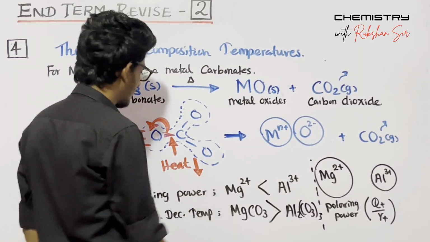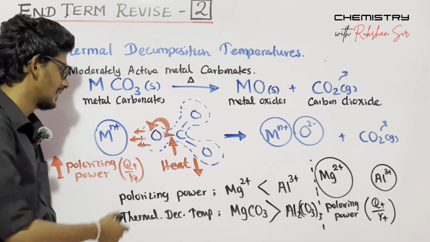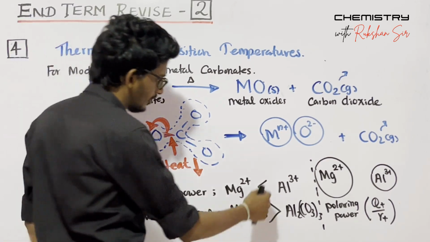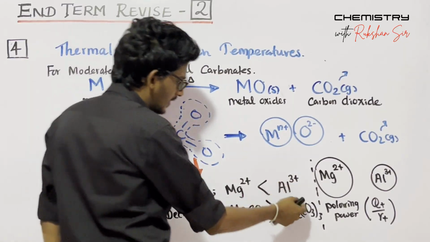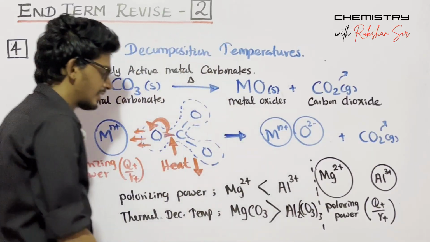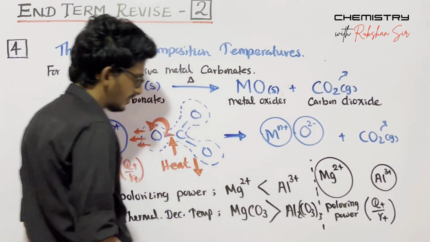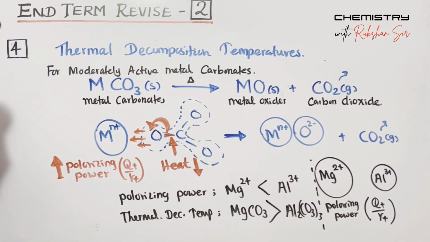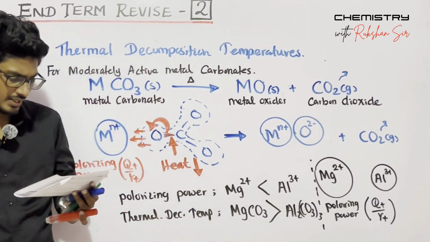So that depends on the polarizing power of the cation, right? Greater the polarizing power of the cation, lesser the heat needed. So with the greater polarizing power of aluminium, less heat is needed for the decomposition of the carbonate, right? So let's go to the statement again.